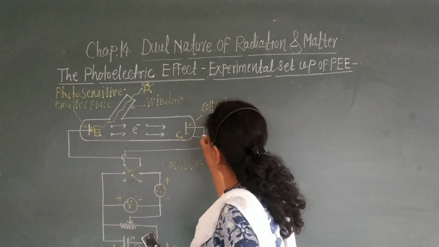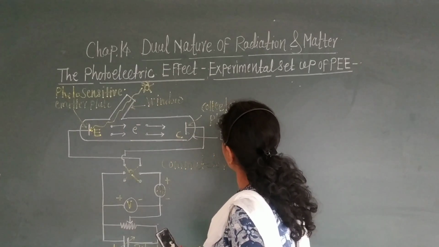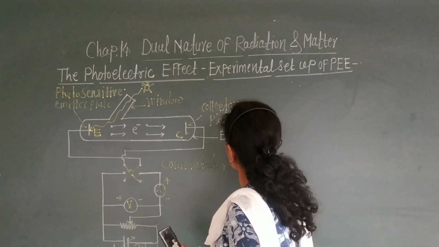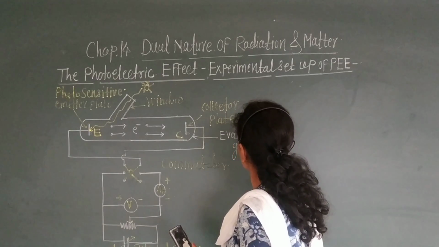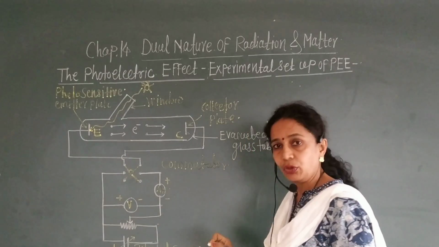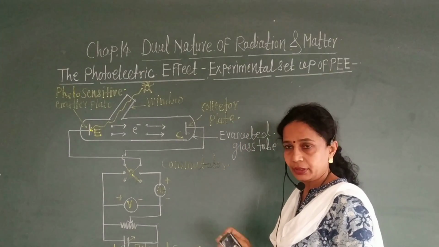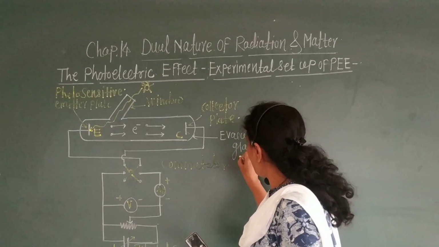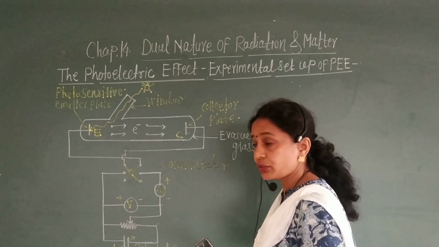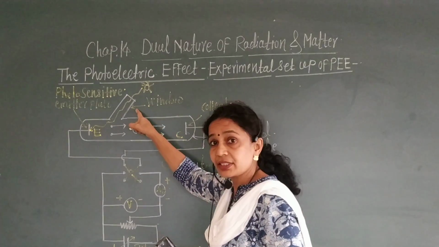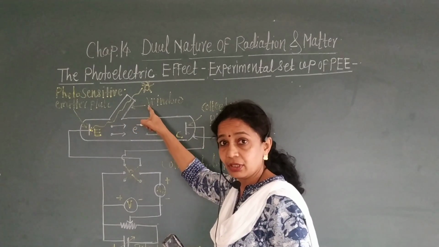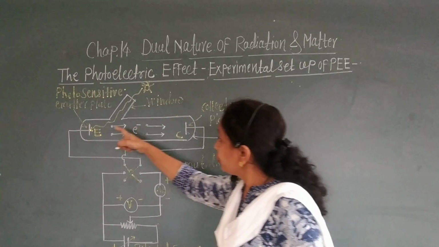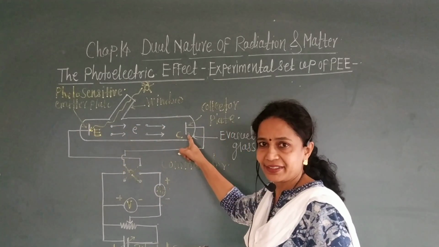This is the evacuated glass tube. The main component in this circuit diagram is an evacuated glass tube with a quartz window, with two metal plates.